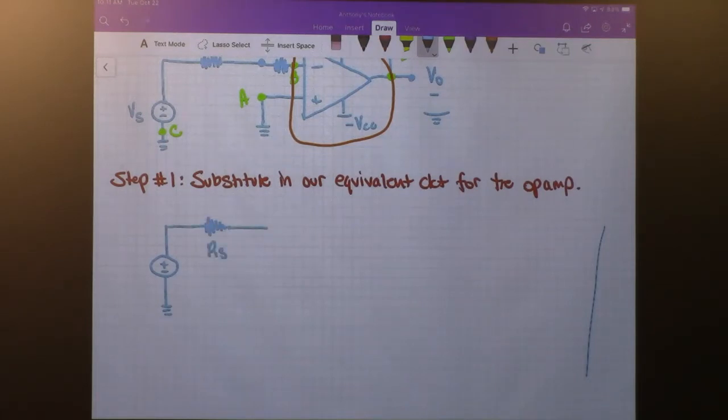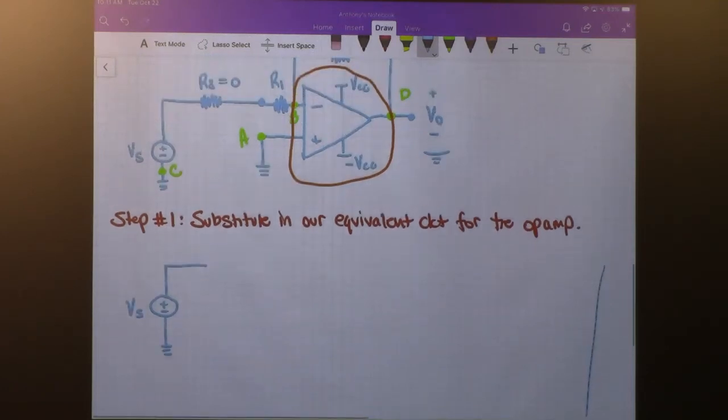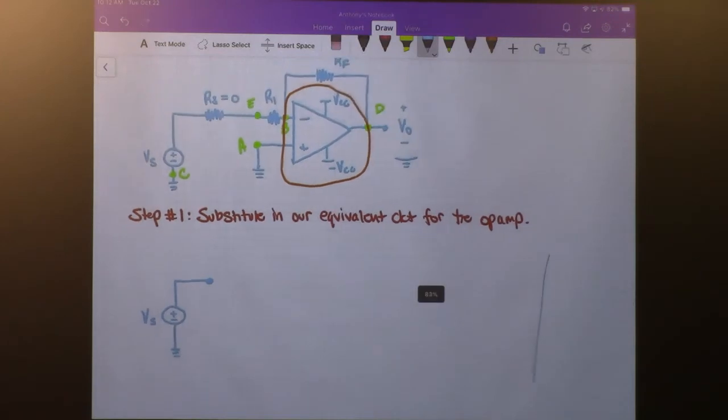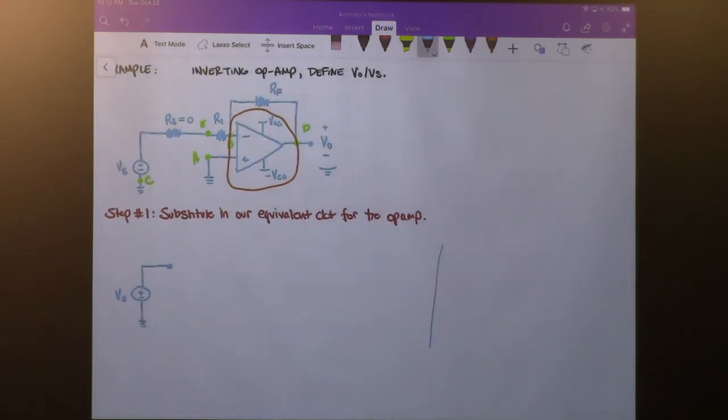So this is our RS, which I can actually stop drawing because RS we said equals 0, so it's not going to have an effect on what's going on. Our VS is still there. I'll give this a name as well, point E. Okay, so this is R1.